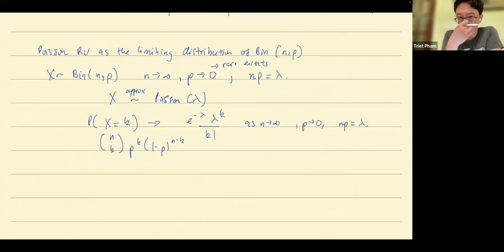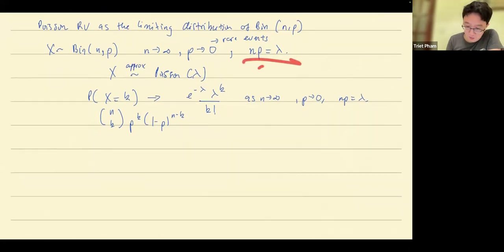It models the average number of successes. That's why lambda is called the average number of arrivals. Third is exactly the connection between the expectation and variance of a Poisson.